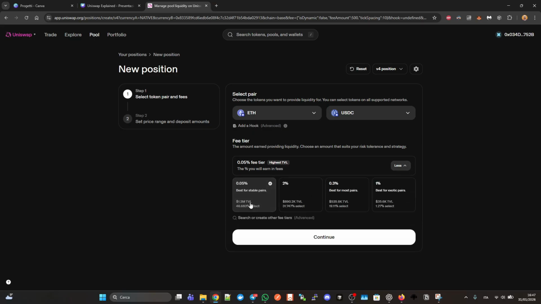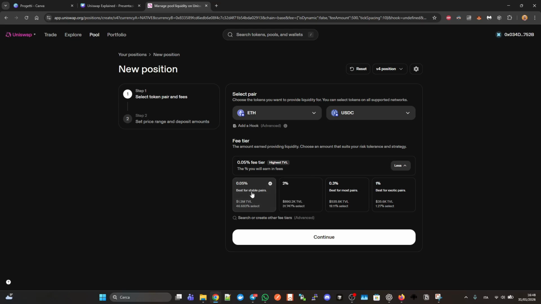Okay, as you can see here, there is a higher TVL, 1.3 million, and 46% of the users are in this pool, while this is a 2% fee, so this means 2% gain for each trade. It has a smaller TVL and a low percentage.